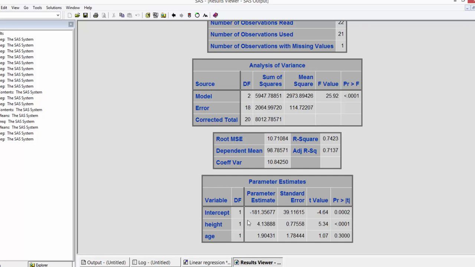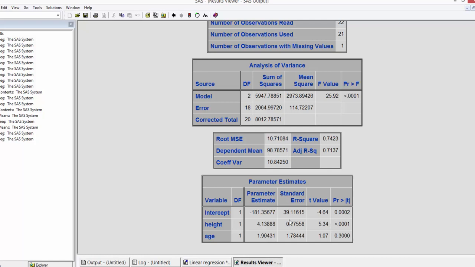We have the intercept, which is minus 181.35. The slope coefficient for height is 4.1. The slope coefficient for age is 1.9, and we'll try to interpret what these values mean, and how one explains the model by taking these values.